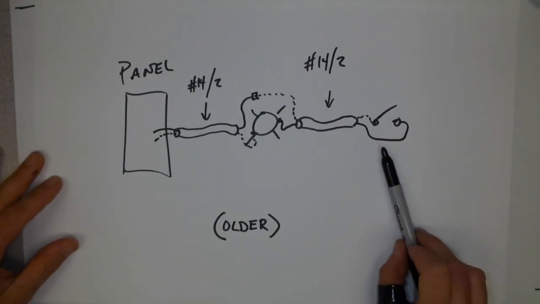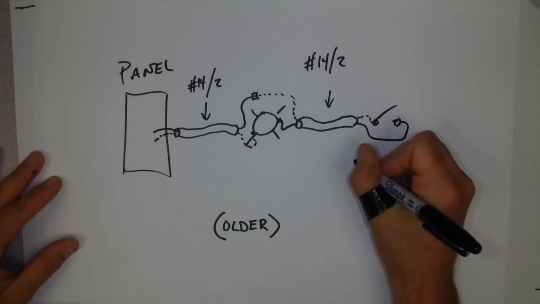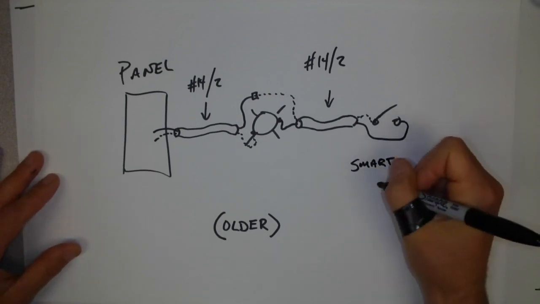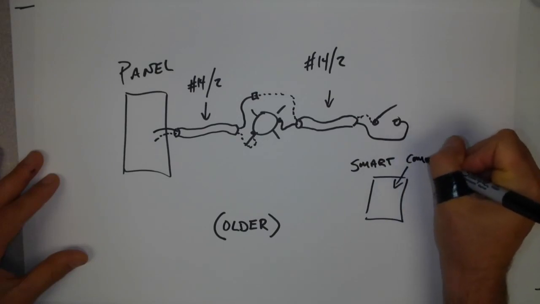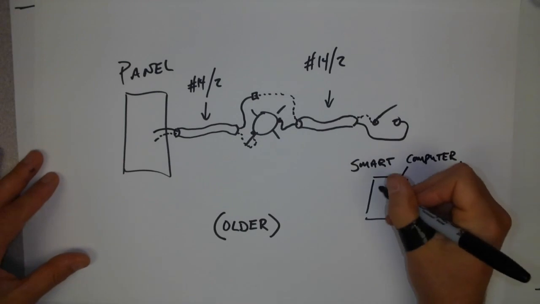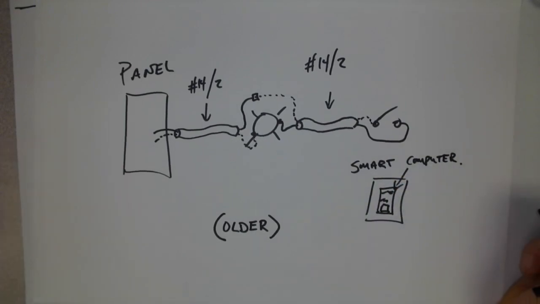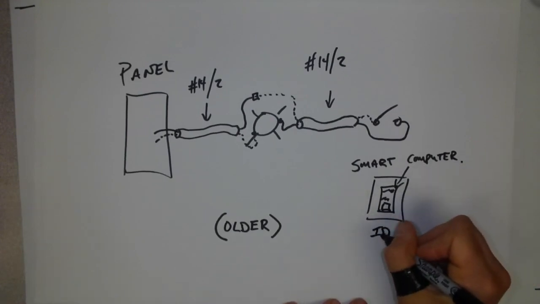However, now, if you wanted to put a smart device in here, some form of a smart Wi-Fi operated light switch with a computer inside of some sort, if you wanted that to function, it had a little touch display and a little box, something fancy, you would need an identified conductor.